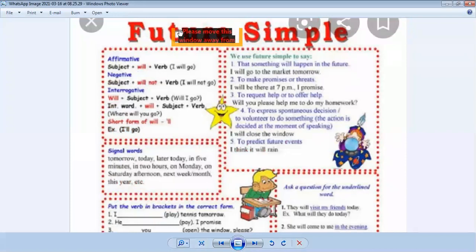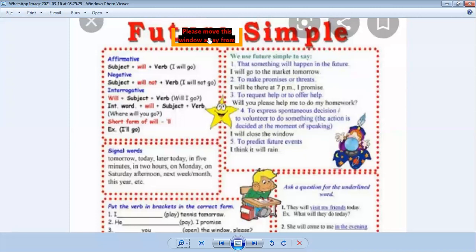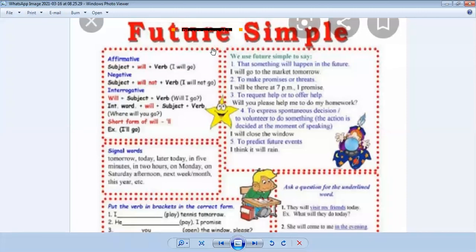We are going to sum up our lesson for today. Today, we talked about the future simple tense. When can I use the future simple tense? We use the future simple to talk about something that will happen in the future.